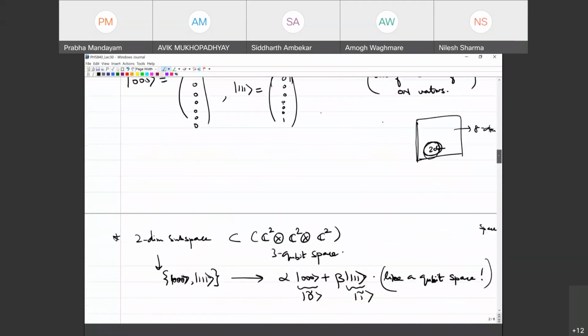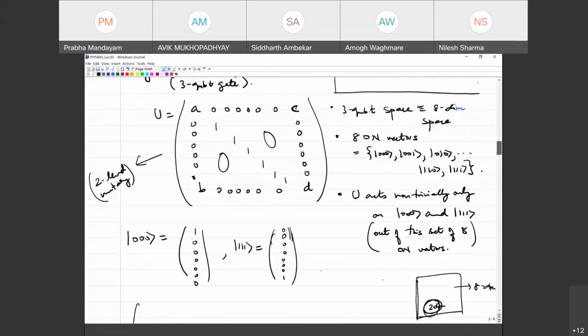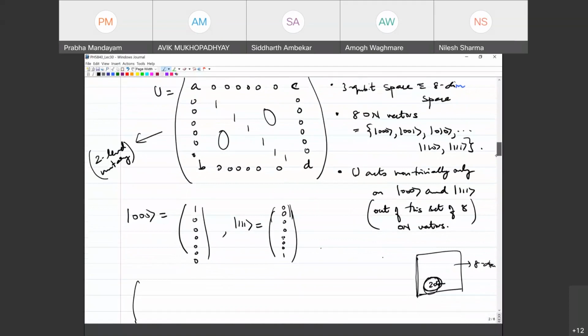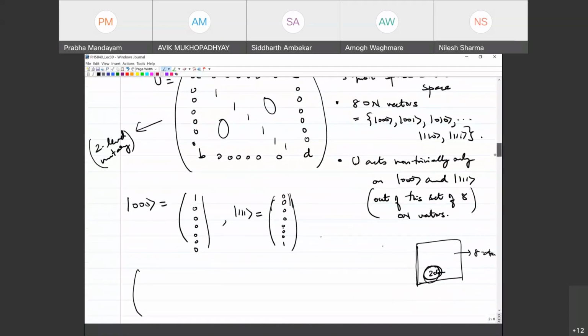I claim that it has no support, but let me check that I'm making sense. Yeah, you're right. When I write this as an outer product, I always have these entries: a 00 outer product plus d 11 outer product, plus identity on the rest. Yeah, absolutely, sorry about that.